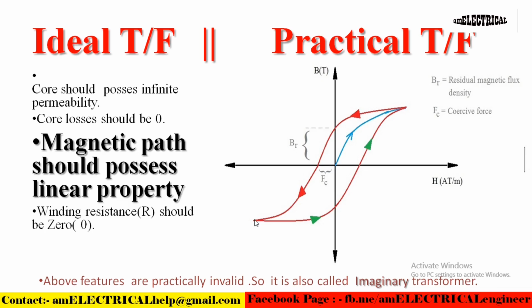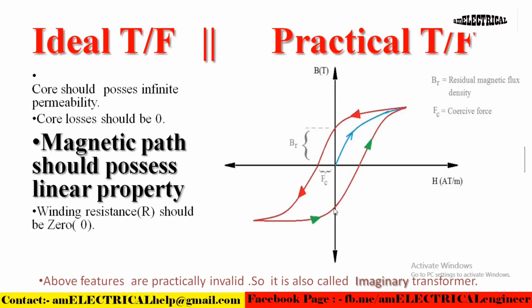Again, we will increase the value of H in the positive direction. Then, if we increase the H value in the positive direction, the B curve will cut the negative y-axis, just like it cut the positive y-axis, exhibiting the hysteresis.